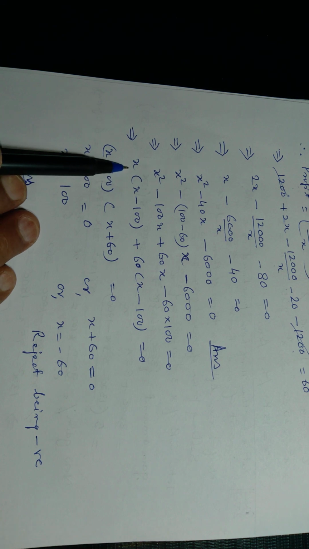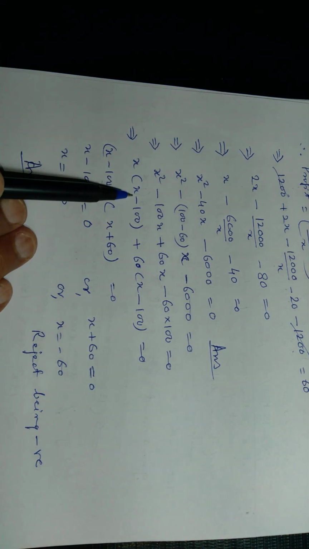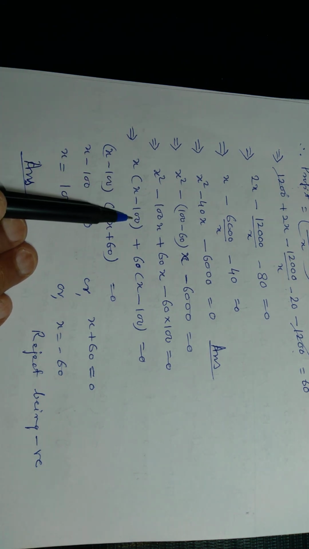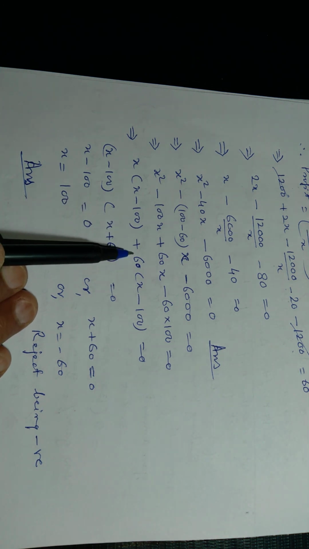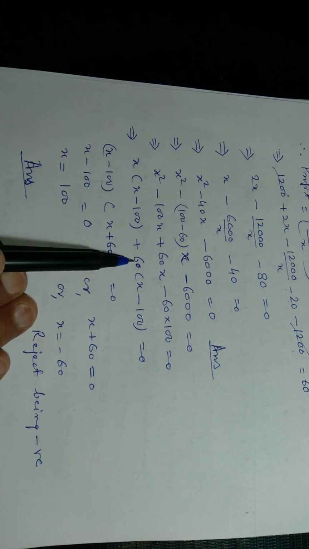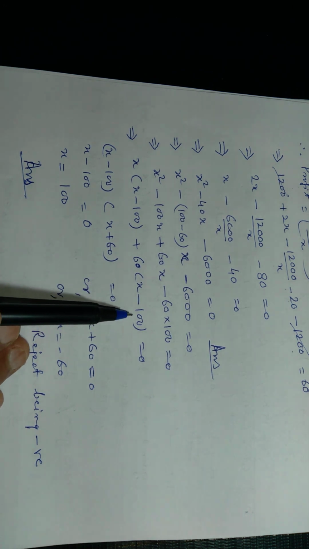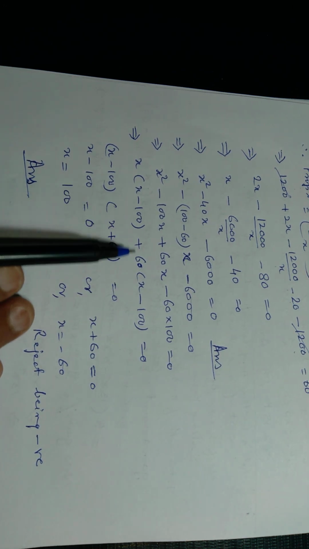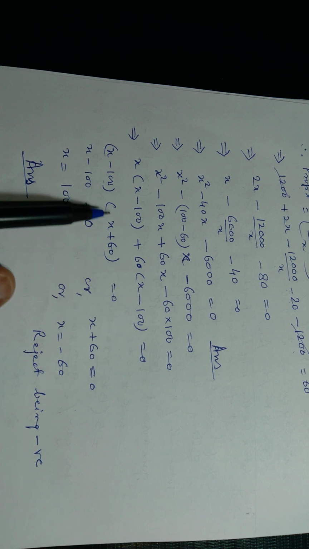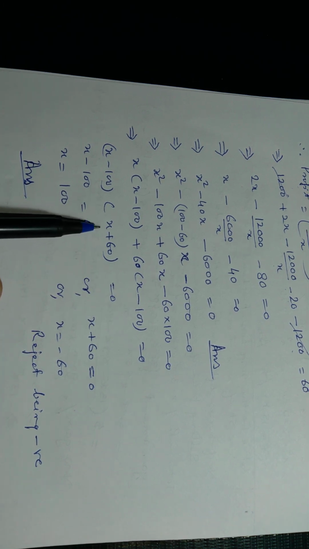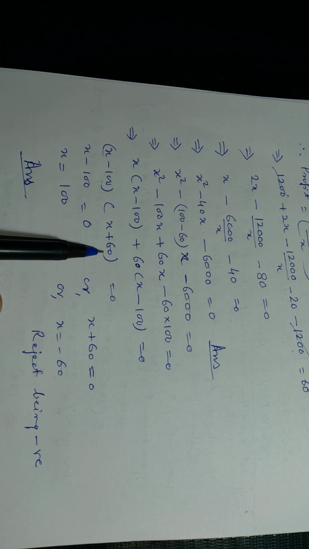Now take out x common from the first 2 terms. We will get x minus 100 in one bracket. From the third and fourth term, take out 60 common. So we will get x minus 100. Now from here and here we can take x minus 100 common, and we are left here with x plus 60.